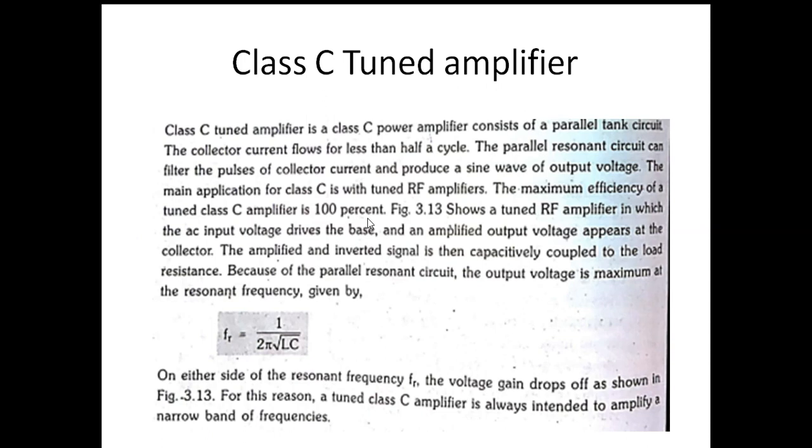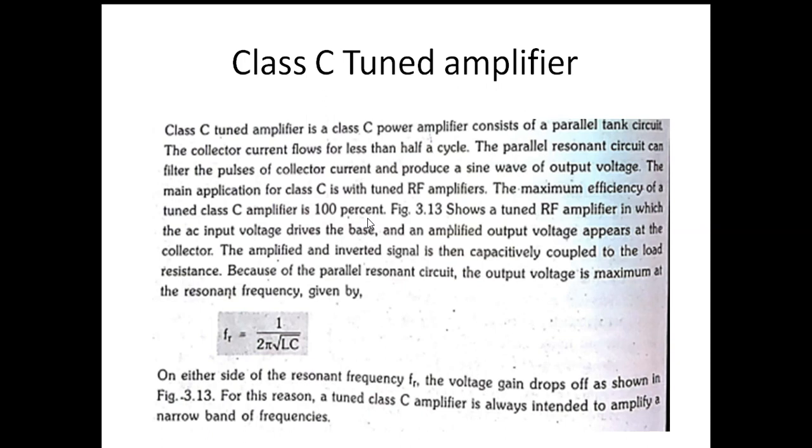It is very high. Of course, maximum efficiency is achieved by using the class C tuned amplifiers. Whereas in class A it is very less, only around 25%. In class B, maybe 75%. In class C, it is 100%.